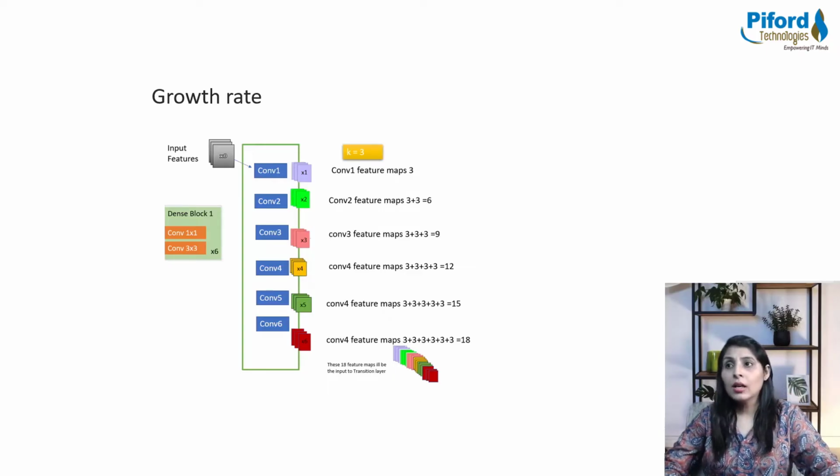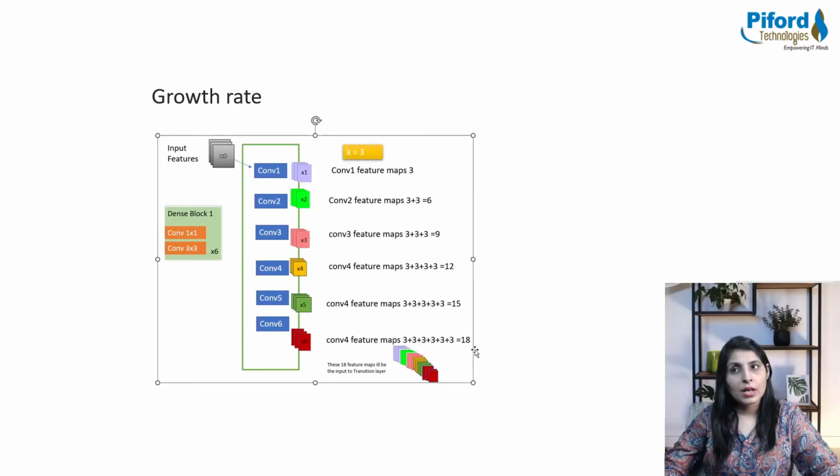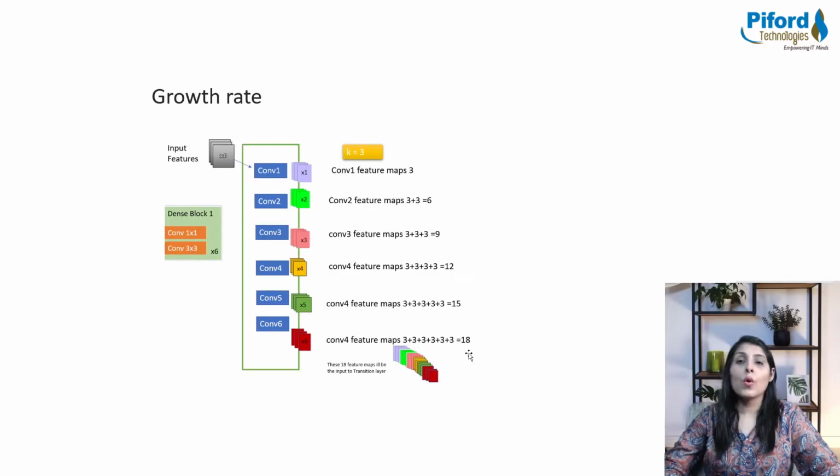By the end of dense block 1 we have 6 convolutional layers, and all 6 layers are adding 3 features. So if the growth rate is 3, then by the end of dense block 1, where we have 6 convolutional layers, we will have 18 feature maps. Now these 18 feature maps will be the input to the transition layer.